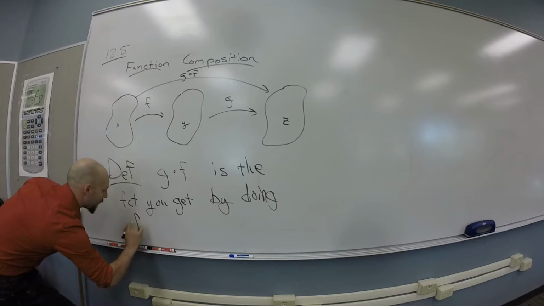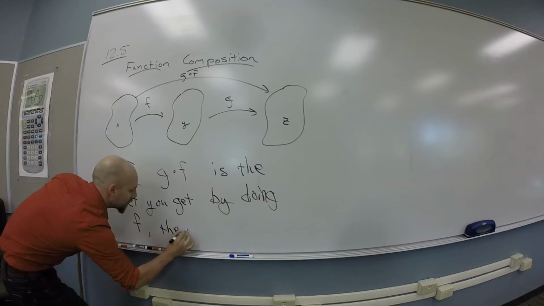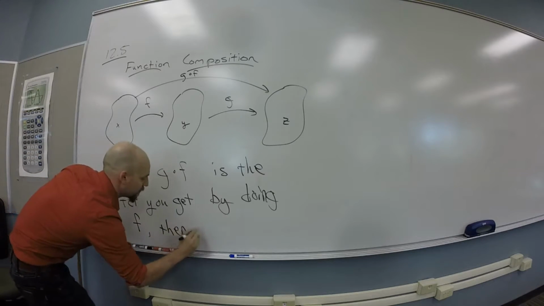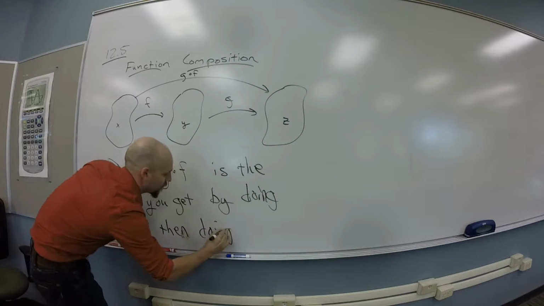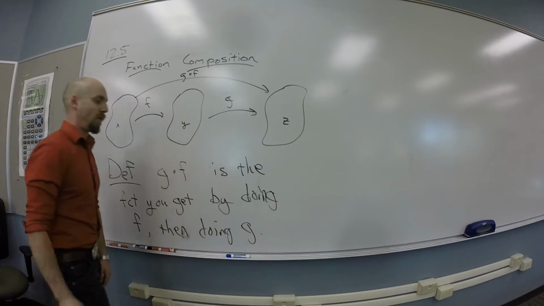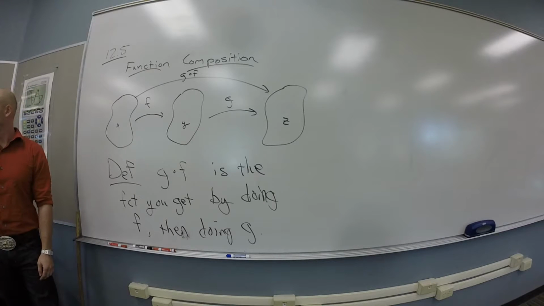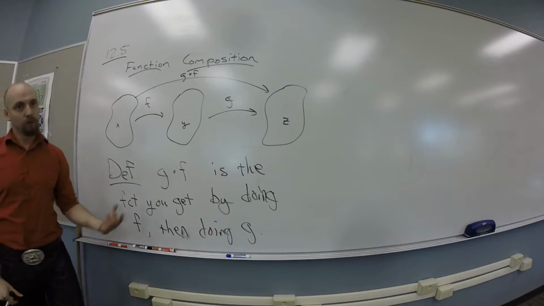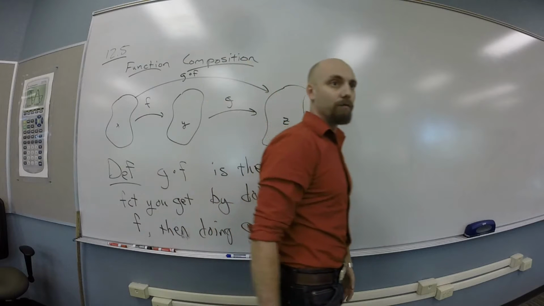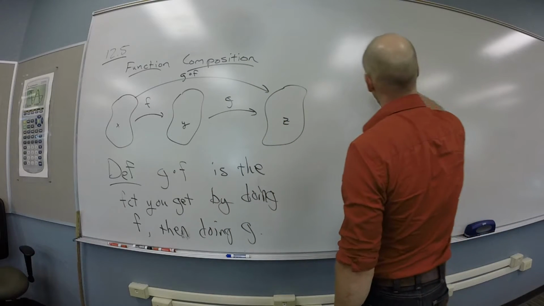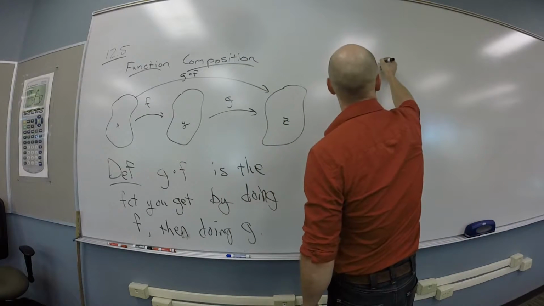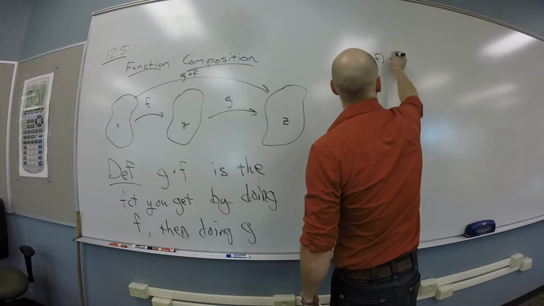So by doing f, then doing g. If I was to write this rule as my usual rule name, I'd call this g composed with f of x.